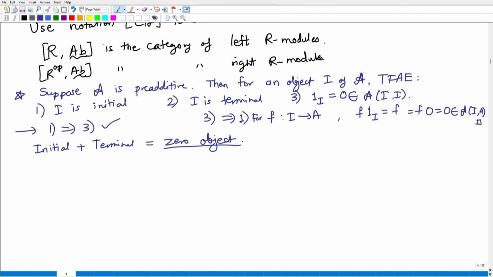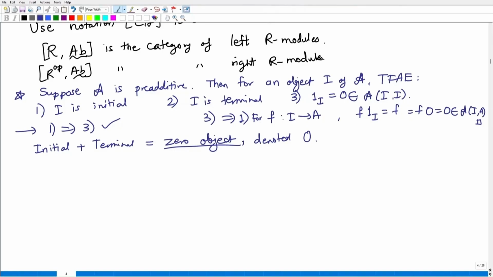It is denoted by 0. So 0 will be a notation for an object. We will not use I or T or 1. We will use 0. And it is also a morphism in every Hom set.